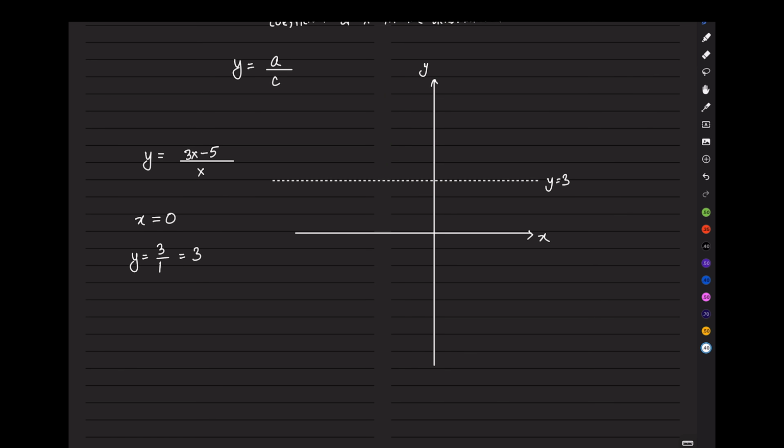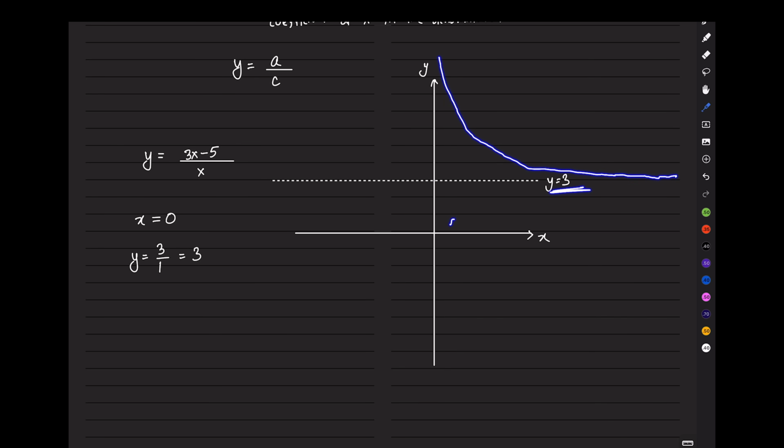Now what do I mean by asymptote line? Suppose my graph is like this, coming down like this. It will never be equal to the line y equals 3. It will always be slightly above, and it will never reach the line y equals 3.